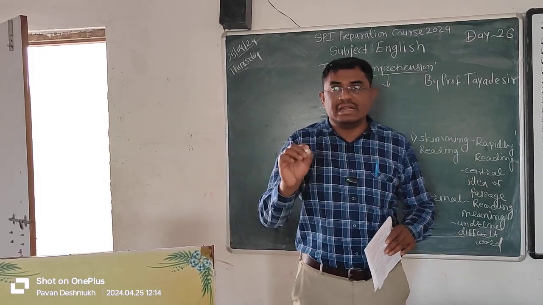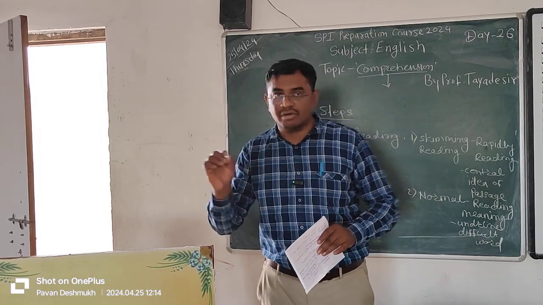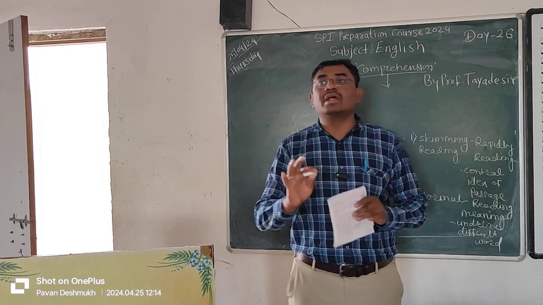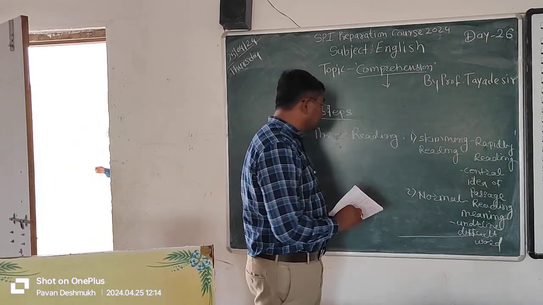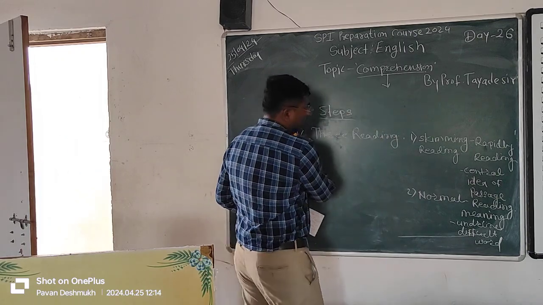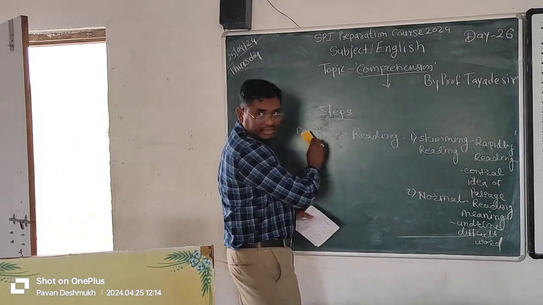Then you can underline all those words with your pencil or a pen. Then this is your second reading. Now, moving toward the third reading. Got it? May I repeat?